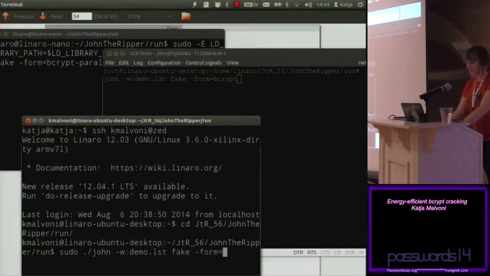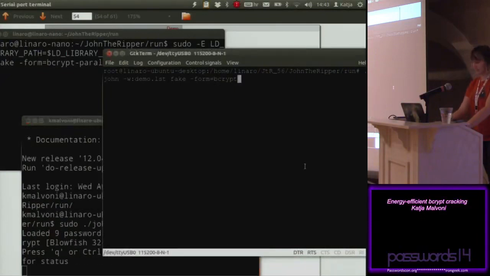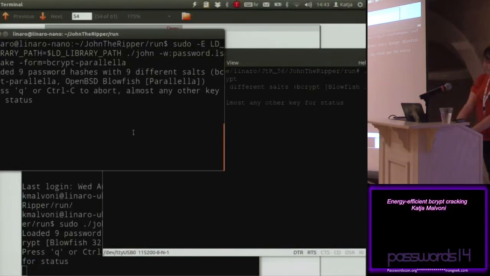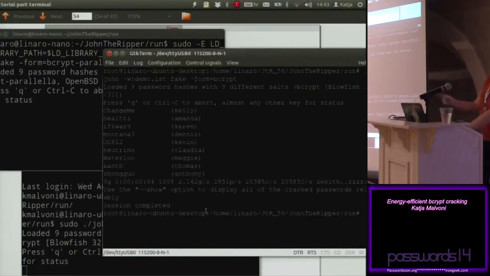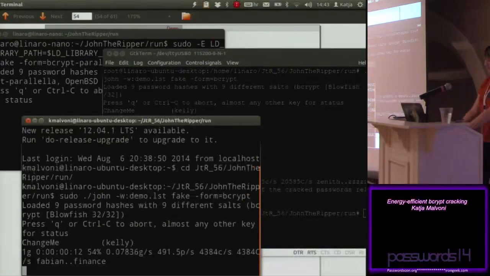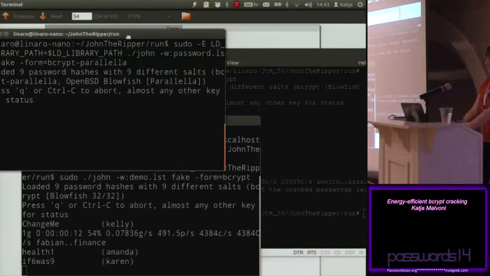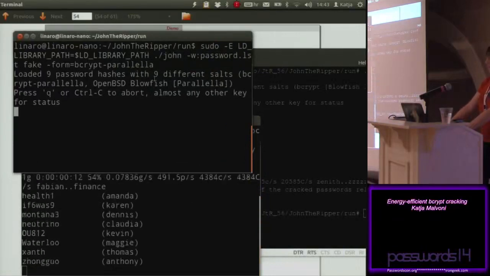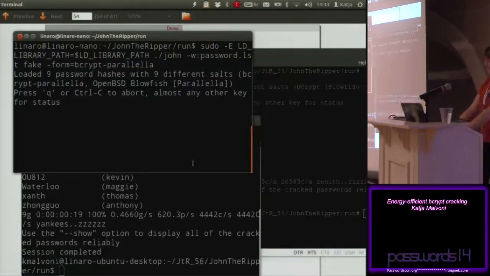Of course, the hashes are failed. So, on the Z-board, the Zynq device, and Parallella. As you can see, this one is already finished, 4 seconds. This one is still struggling. And this one is the slowest one, the Epiphany 16 with the lowest performance.